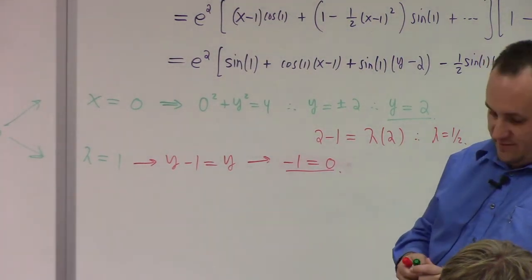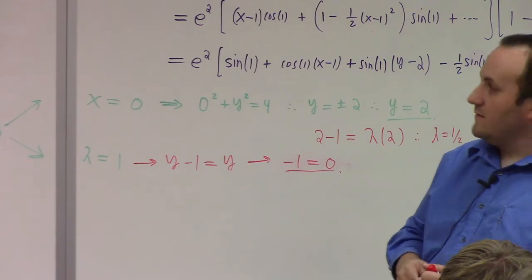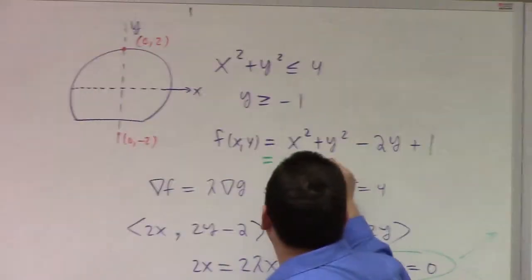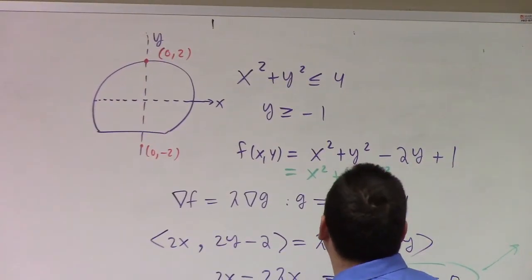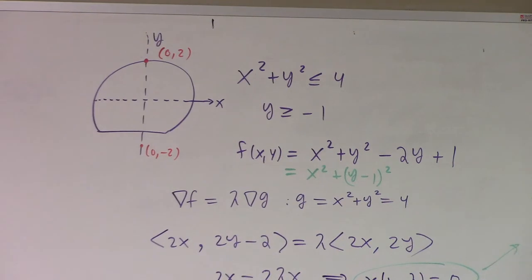I think I can see through this problem geometrically, by the way. You know what this is? This is x squared plus y minus 1 squared, right? So if you want the level curves of f, what are they?